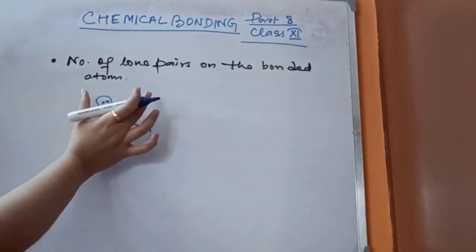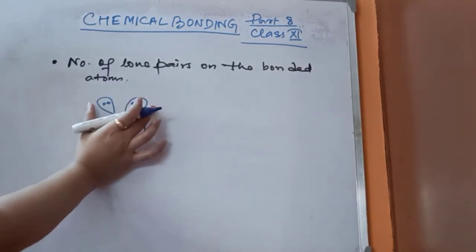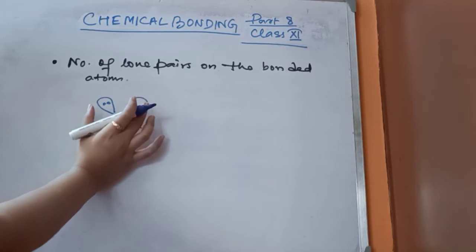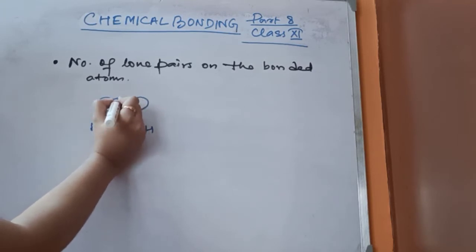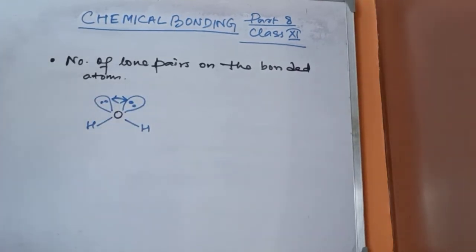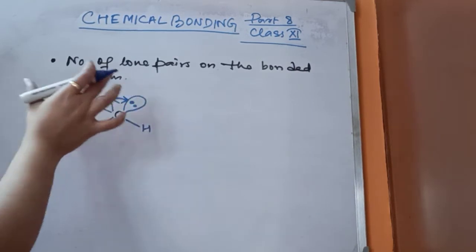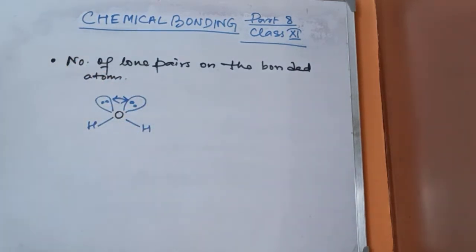See, the lone pairs are basically lone pairs of electrons. So they all have the negative charge. So the negative charges will try to repel each other. So there is a strong repulsion between the lone pairs. So lone pair repulsion takes place if there are lone pairs on the bonded atoms.